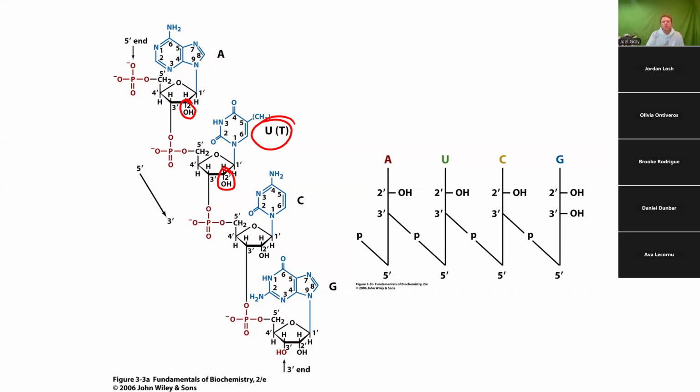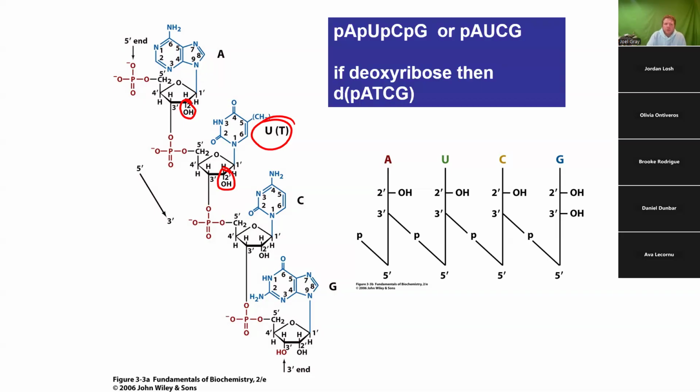Now, when it comes to naming or looking at the sequence of one of these, it's pretty common to look at something like this, and something like this, but at the same time something like AUCG.